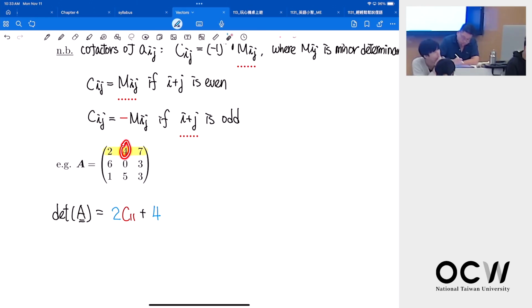I choose 4, then I cross out their corresponding row and column. Then I have 6133 as my minor determinant C12. And 7, cross out the row, column. This will be my minor determinant C13.